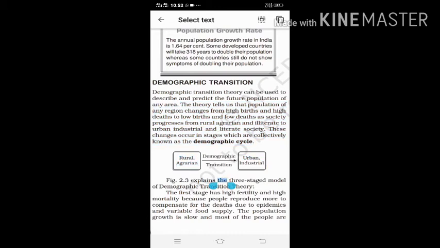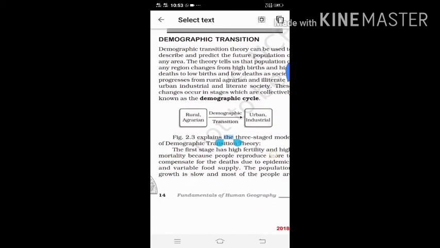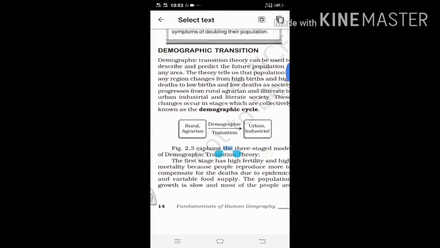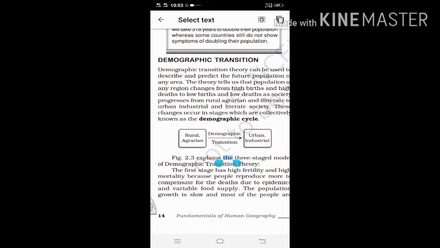Why? Because people are getting better livelihood and better education and better job supply in urban areas. This is known as demographic cycle. Now what is demography? Demography is the geographical name of population. So you can name it as change of population.